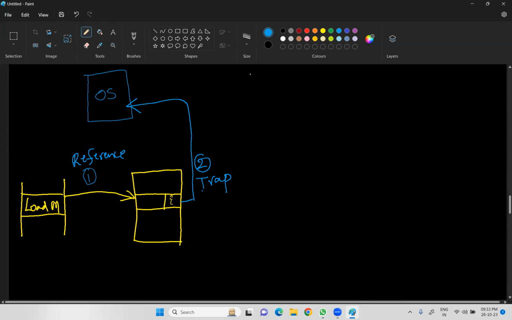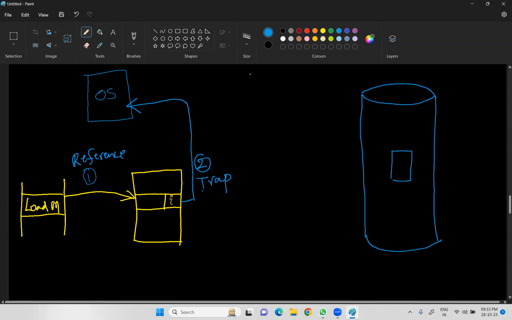What exactly should the operating system do here? The operating system will obviously look into the backing storage device, to check whether that page is available with the backing storage device or not. Whatever page is being referred to, is that page available or not?